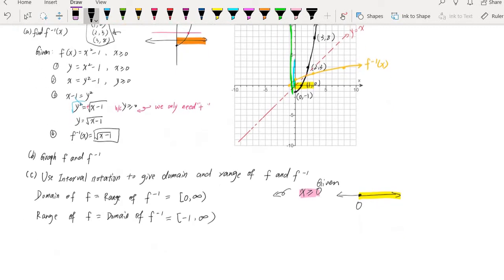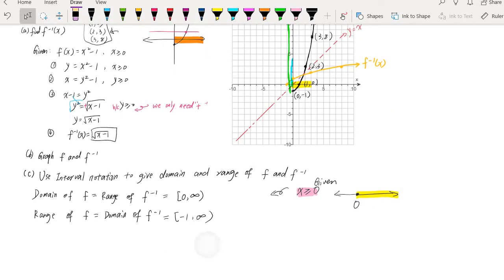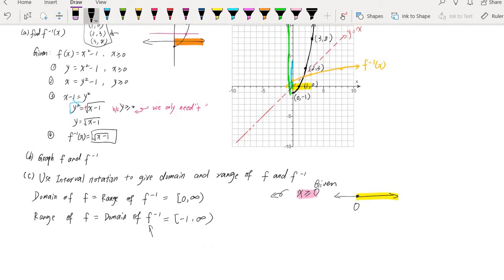Again, if that doesn't make sense to you, let's think a different way. So we look at the f inverse function. So we found this is the square root of x minus 1. So we know for a square root, x minus 1 must be greater than or equal to 0. Alright guys, I just realized that I made a mistake. Okay, so I've got to go back and check this.